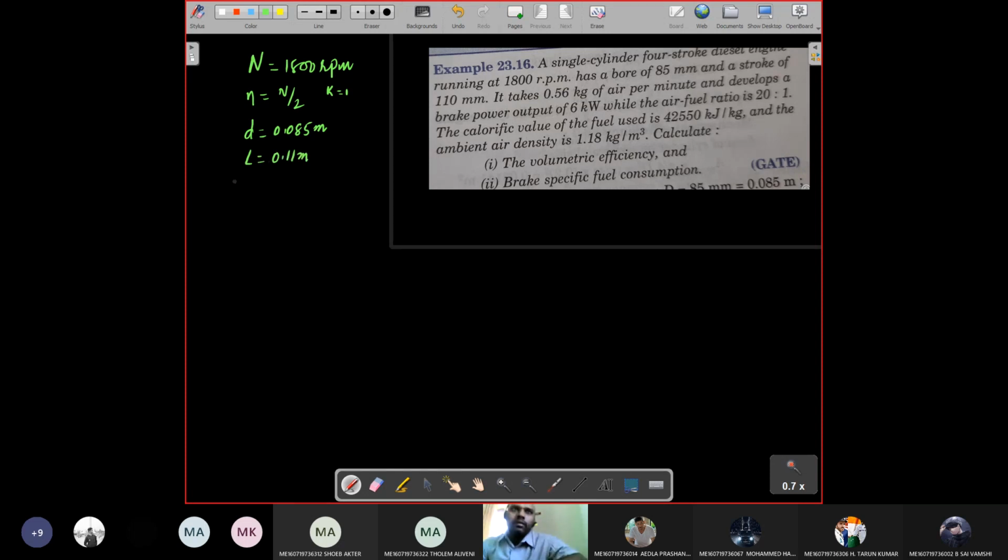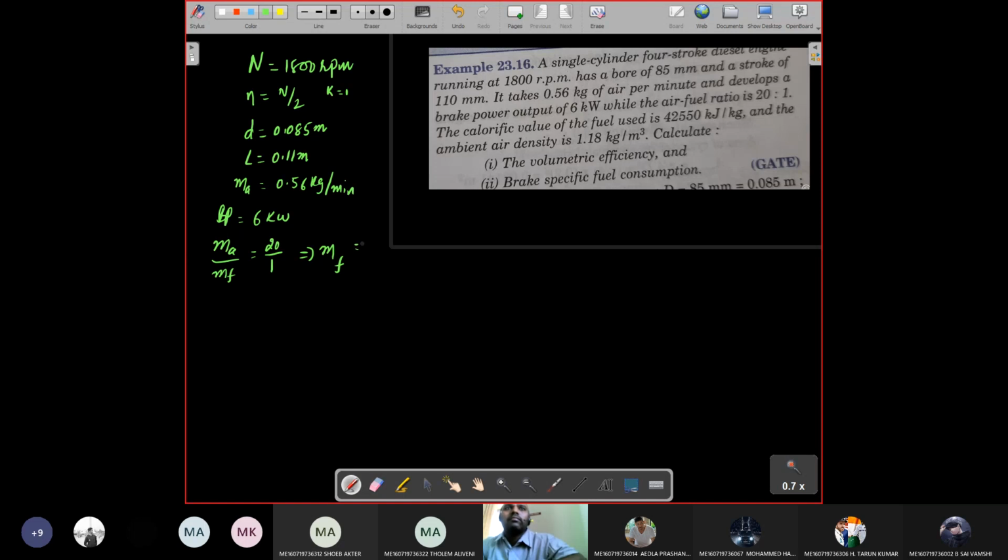Mass of air is equal to 0.56 kg per minute. It develops a brake power of 6 kilowatt, while air fuel ratio, mass of air by mass of fuel, is equal to 20 by 1. Already we have air, then from this we can calculate mass of fuel. Agree?